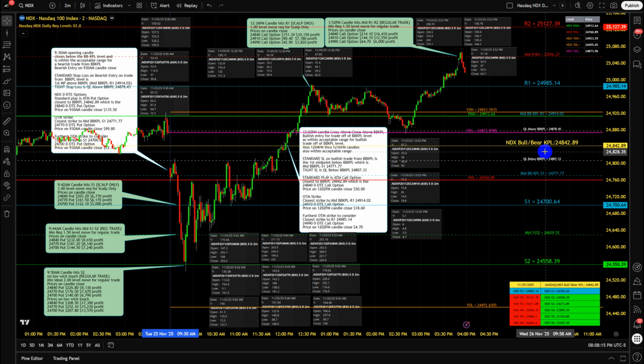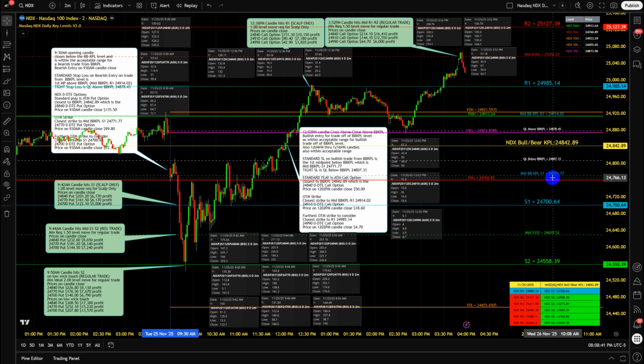And how you figure out the other 2 strikes that you can use on this particular trade is you take the level you're taking the trade from and the direction of the trade, bearish, so we're going to look down. The first midpoint would be the strike closest to that level, which would be your first out of the money option.